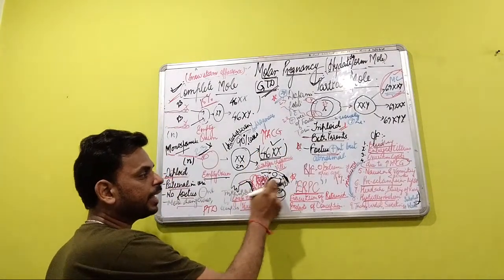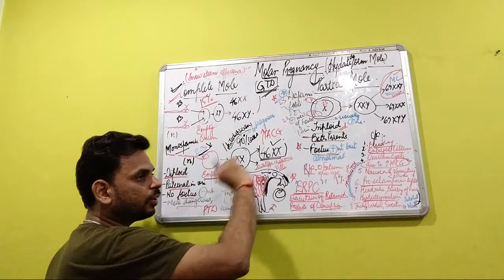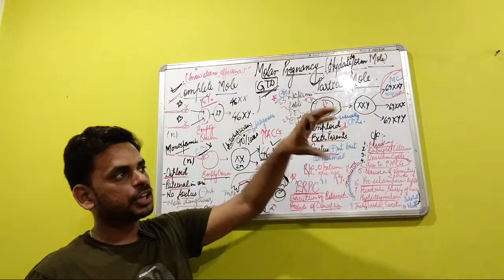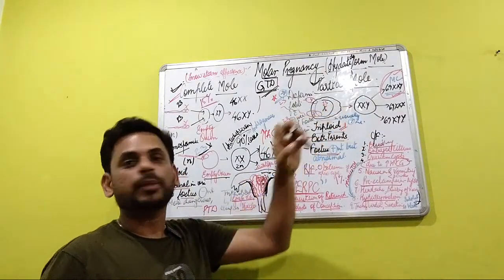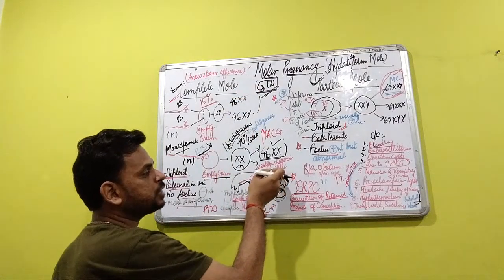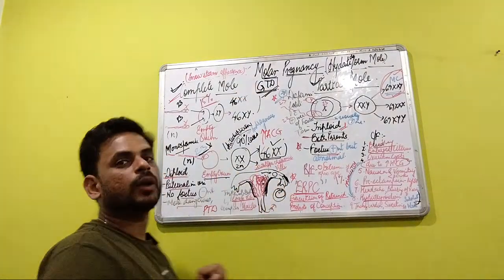These fimbriae are finger-like projections of the fallopian tubes in the infundibulum, and they are in constant rhythmic motion. They pull up the ovum, and the ovum slowly and gradually proceeds into the fallopian tube.